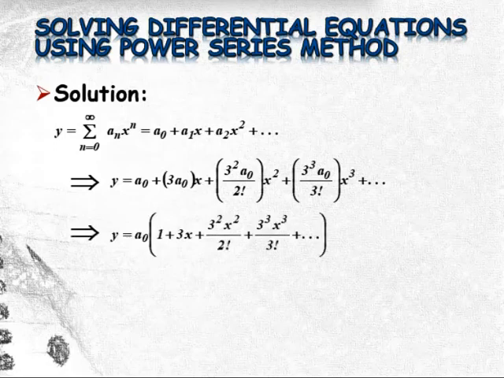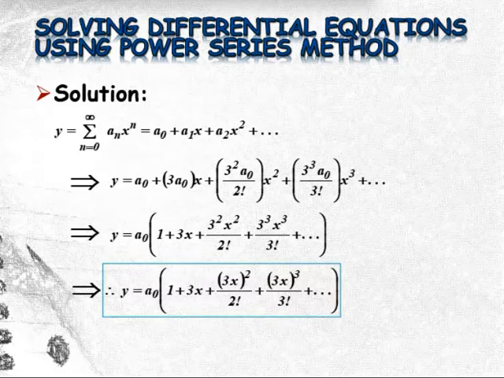We then factor out a sub 0. So y is now equal to a sub 0 times 1 plus 3x plus 3 squared x squared over 2 factorial plus 3 cubed x cubed over 3 factorial, and so on. We now use algebra. 3 squared x squared can be written as quantity 3x squared, and 3 cubed x cubed can be written as 3x raised to 3.